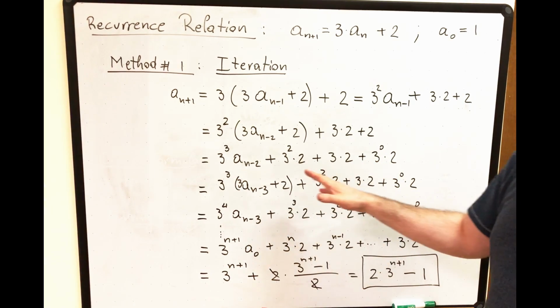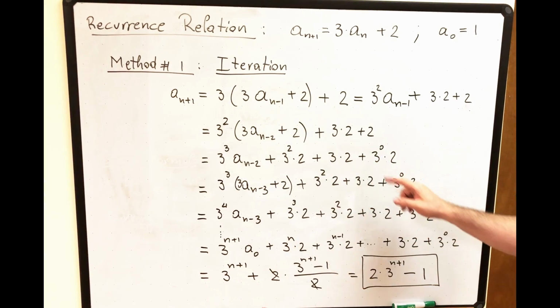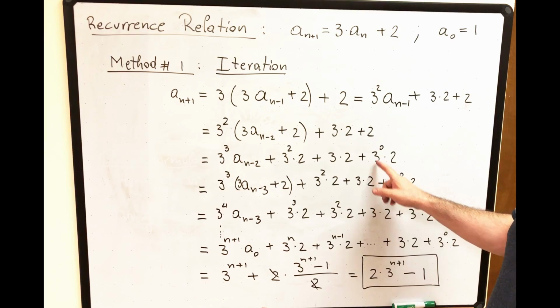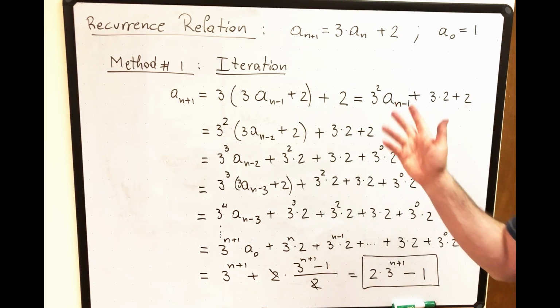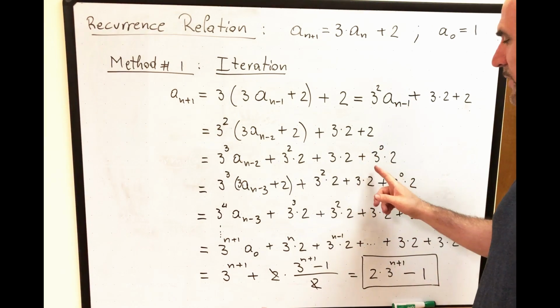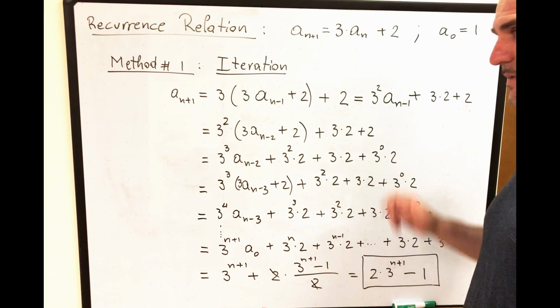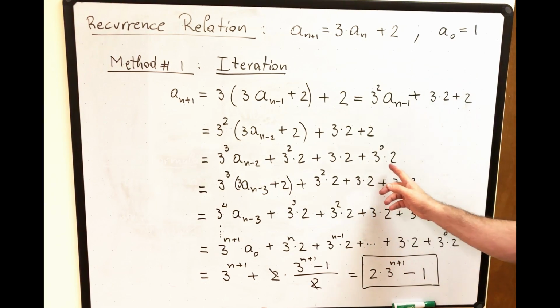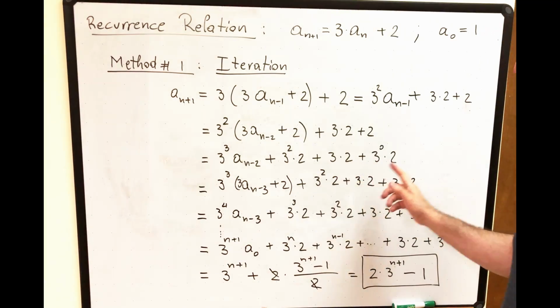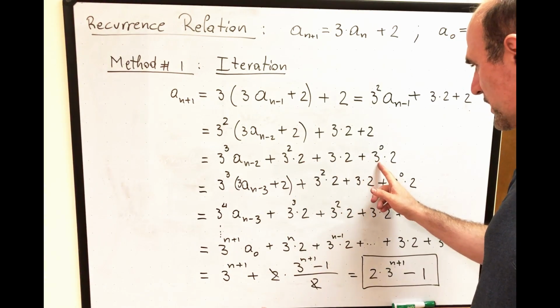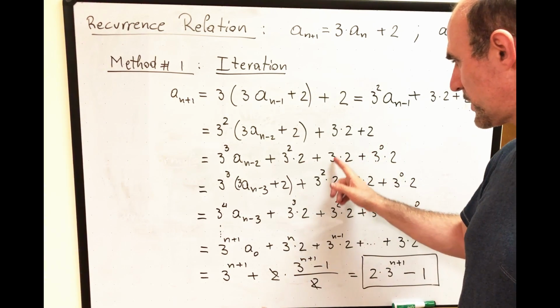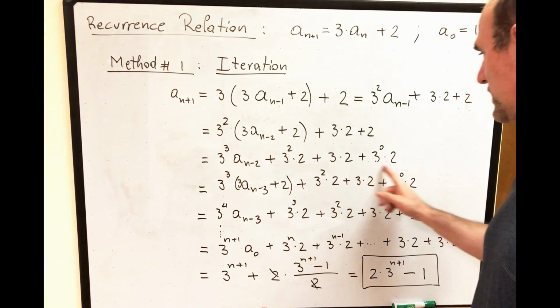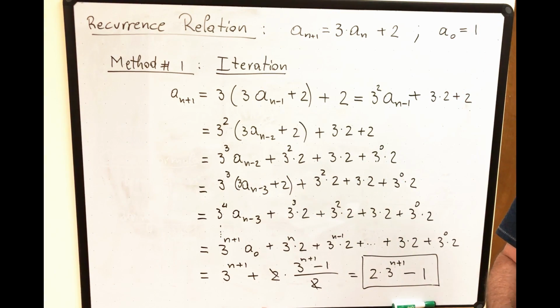And in order to fit into the pattern, we can write 1 times 2, you can see it's not visible, but you can write 1 as 3 to the 0. So multiplying by 1 does nothing to the number, but it helps us to see the pattern. So you go 3 raised to the power of 0, 3 to 1, 3 squared, and each of these terms is multiplied by 2.